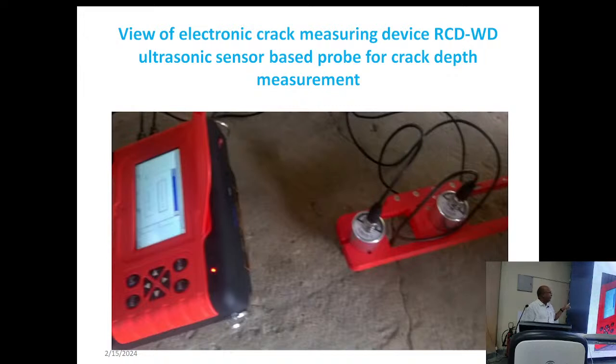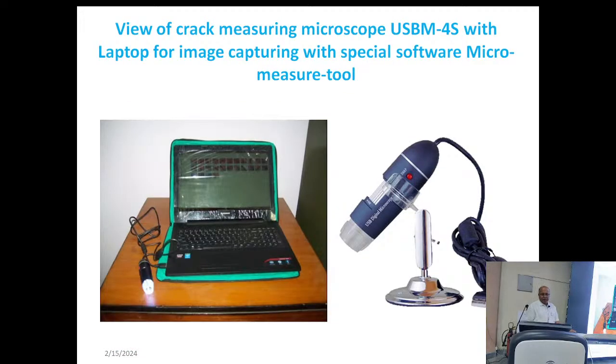The axis beam or side, so this is our lab.